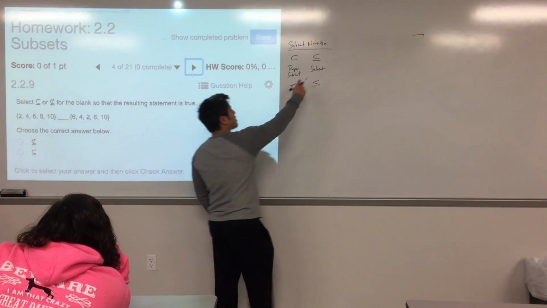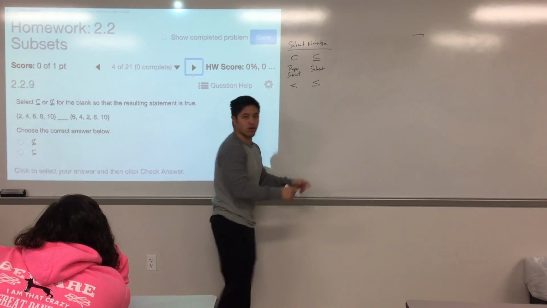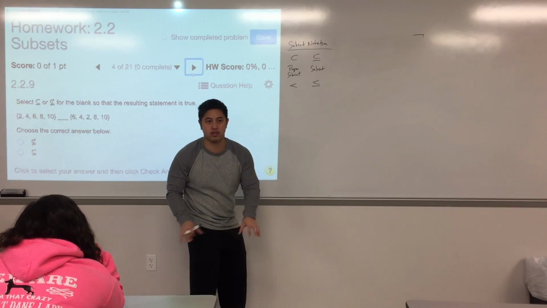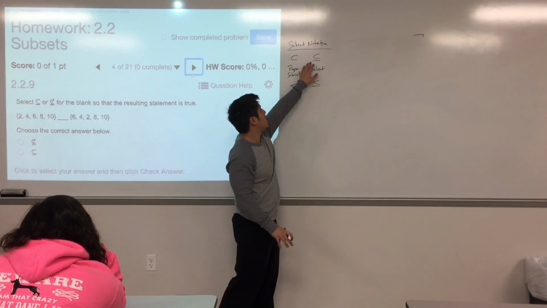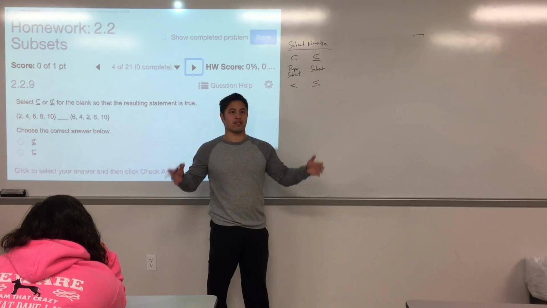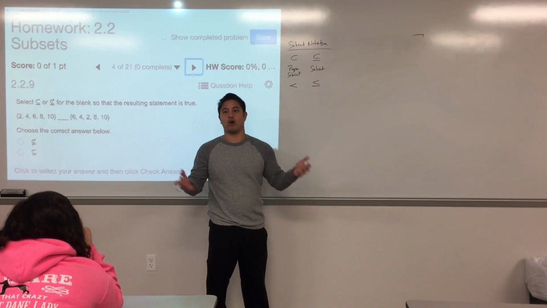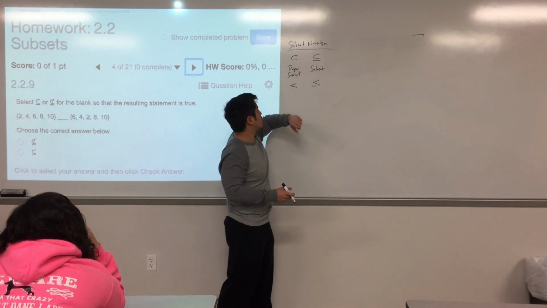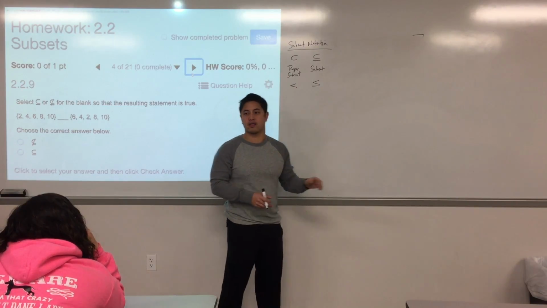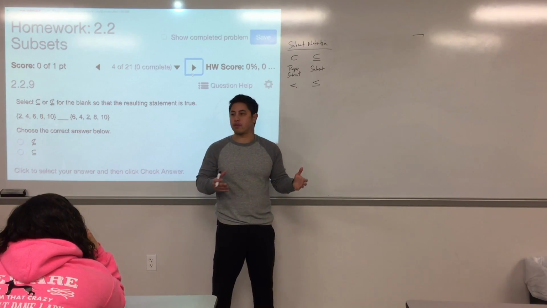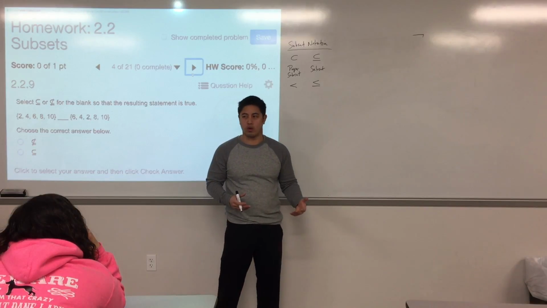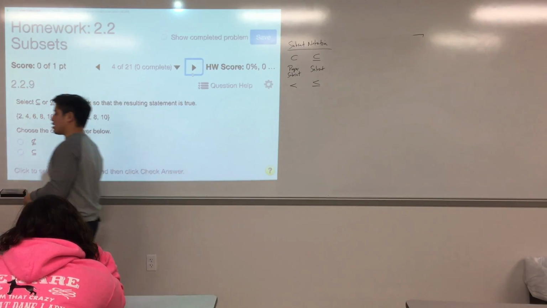So, subset contains all the ones that are less than it, all the different combinations of the smaller sets that you can make, and the one that's exactly the set itself. It can be both, either one. You can use this for any of those. Proper subset contains or has all the options for all of your smaller ones, okay? But not the equal to.